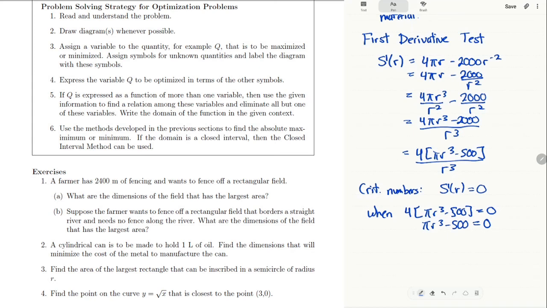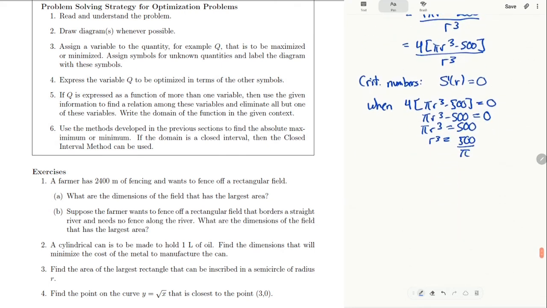We divide both sides by 4, and then solving for r, we get pi r cubed is 500. R cubed is 500 over pi, and so r is the cube root of 500 over pi. And we are measuring in centimeters.